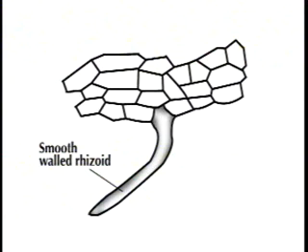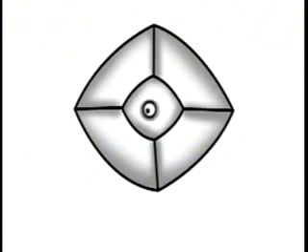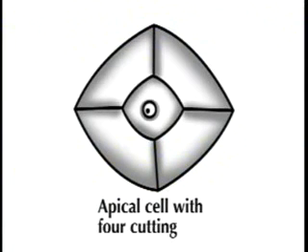Tuberculate rhizoids and ventral scales are totally absent. The growth of the thallus is due to a single wedge-shaped apical cell or a marginal meristem, where each cell has 4 cutting faces.